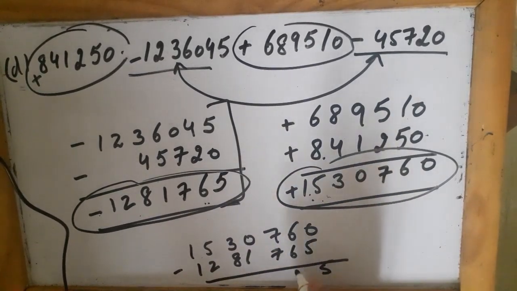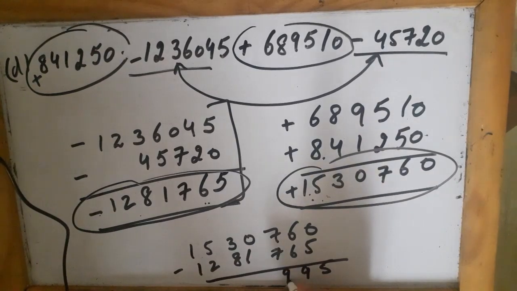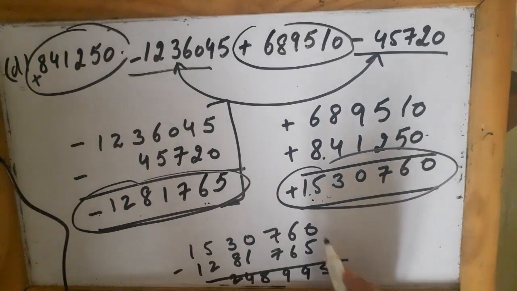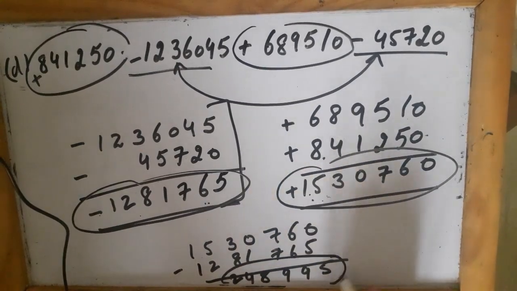Now what you will get, so you will get 248,995. So this is your answer.